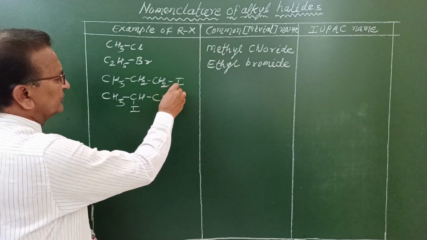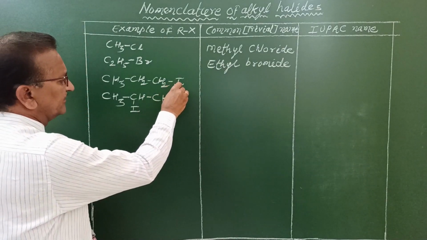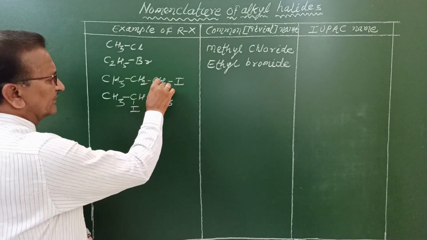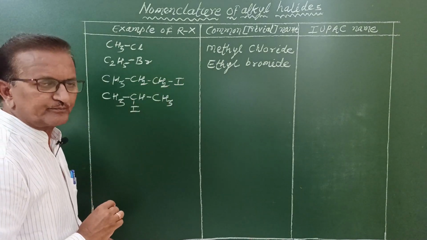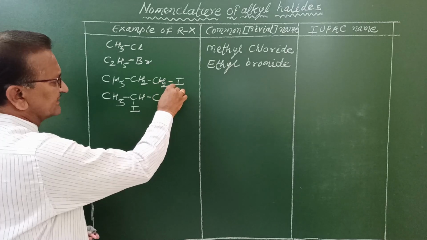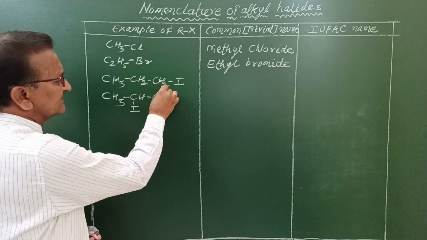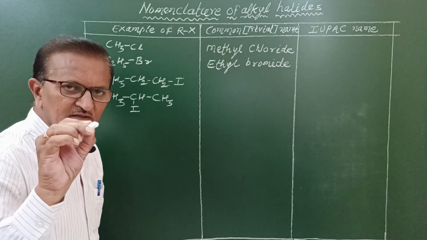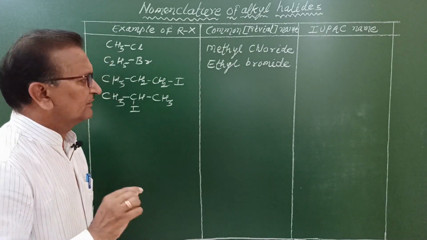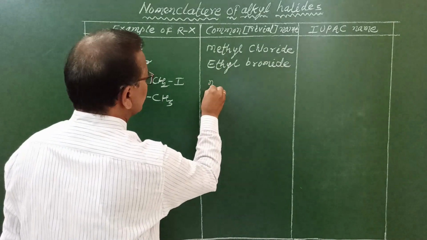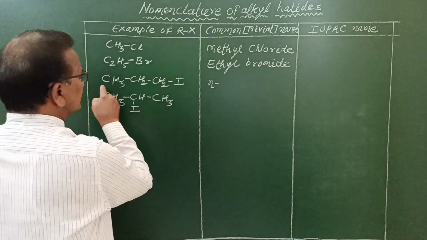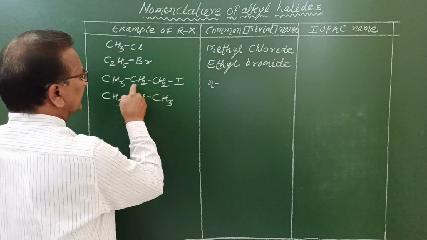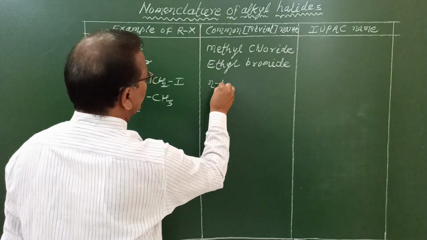Whenever a halogen atom is bonded to a terminal carbon atom, or we can say a primary carbon atom, in this case this group is denoted as a normal alkyl group. Normal, in short, small n. So what prefix will we use for this? n. Since this is a group containing 3 carbon atoms, this group is called propyl.